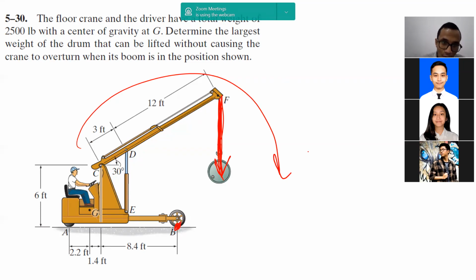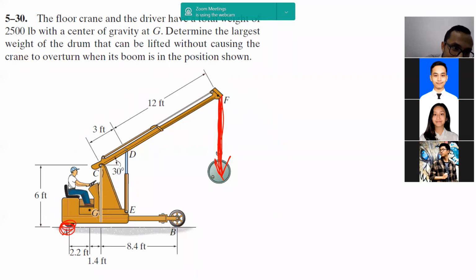And the center of rotation most likely will be here at B, based on our logic. When it overturns, the part at A here will start going up like that.